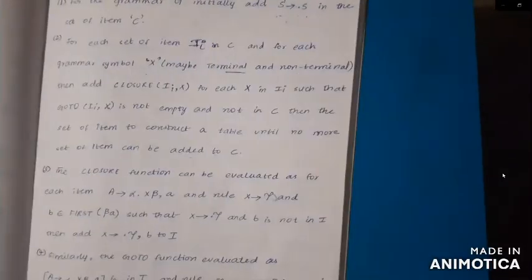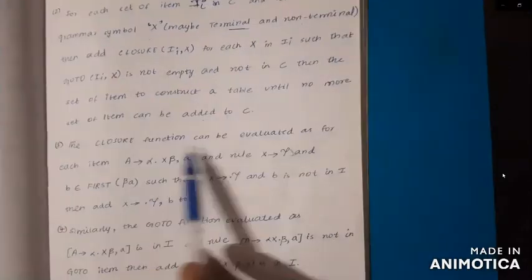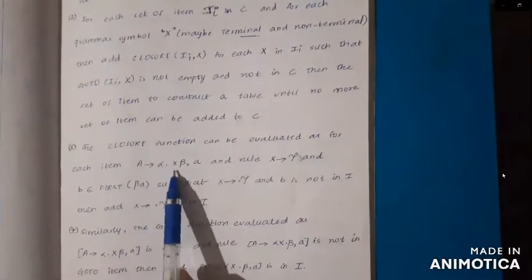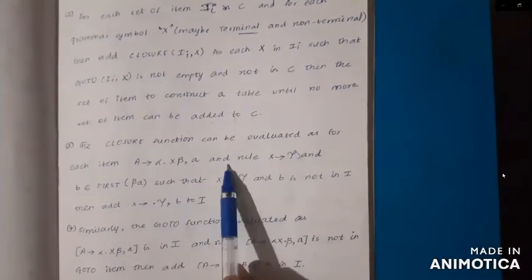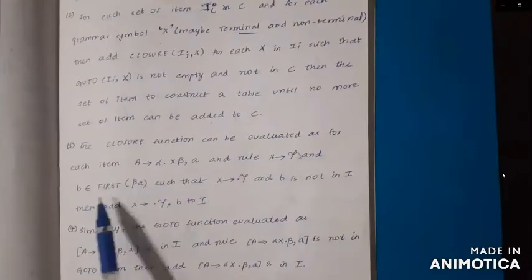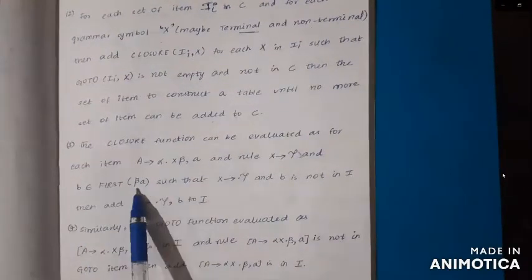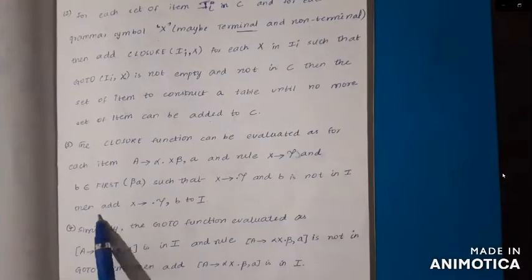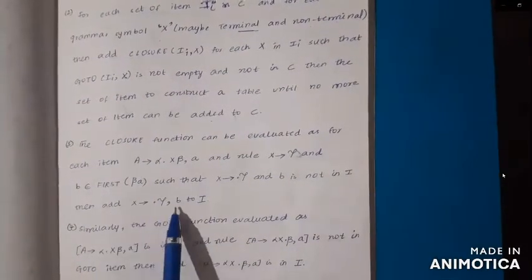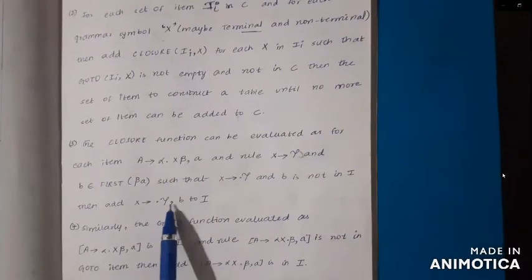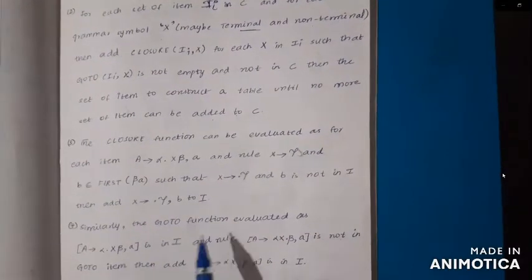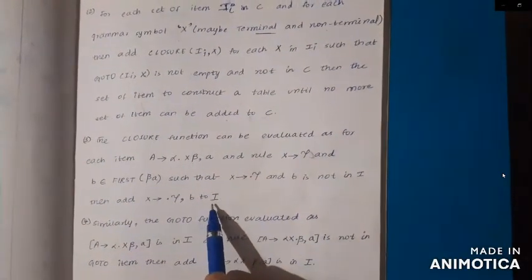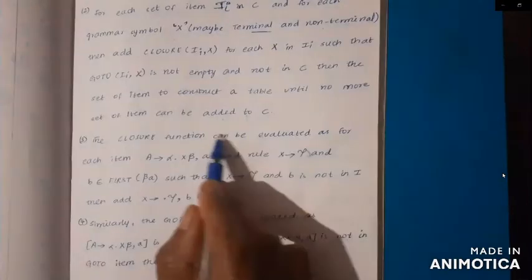The closure function is evaluated as follows: for each item A tends to alpha dot X beta, comma a, and rule X tends to gamma, and b belongs to first of beta a, such that X tends to dot gamma, comma b is not in I, then add X tends to dot gamma, comma b to I. So this is how you check the look ahead function, based on this rule only.